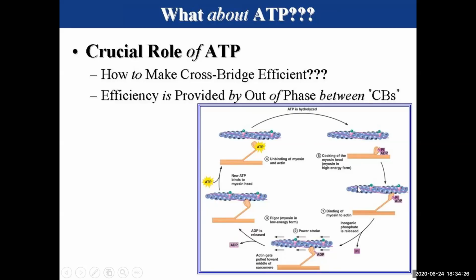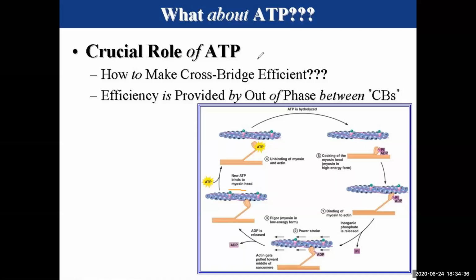So this is the role of ATP. This is the interaction here, and this is the critical step. Once myosin is allowed to bind, forming a cross-bridge with actin, it cannot disengage, right?